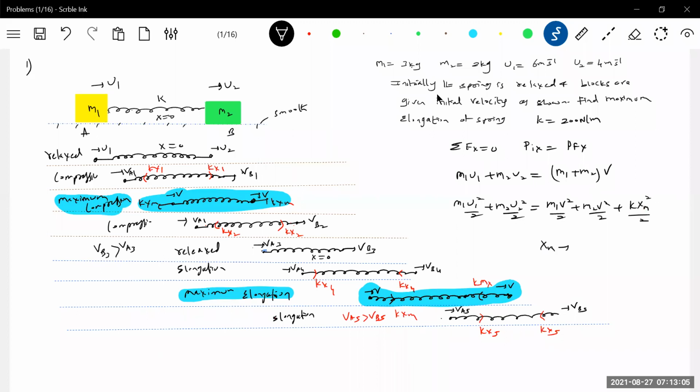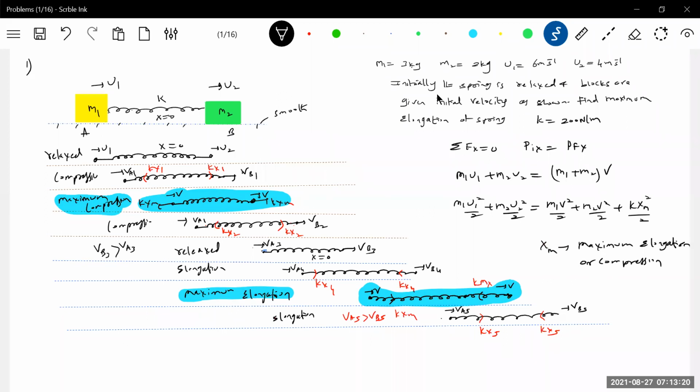What is xm? xm I'll call maximum elongation or compression. Okay, do the calculation later on.